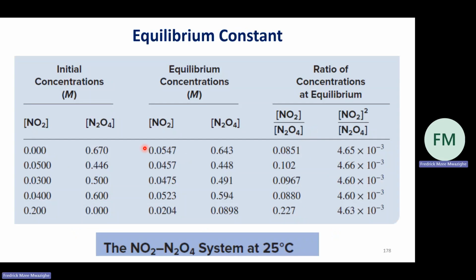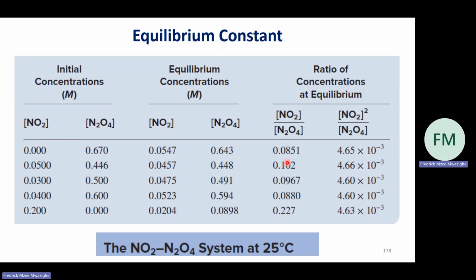If you consider cases where you have different concentrations of the species at the beginning, these are initial concentrations. Notice that at equilibrium, you're also going to have different concentrations of the species. So different initial concentrations give different equilibrium concentrations.